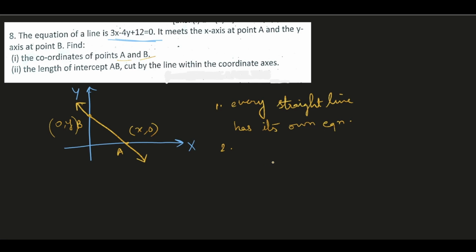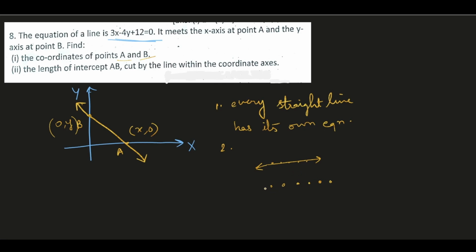Number 2, can I say that after joining all so many points I get a line? Yes or no? Just think once. I have many points with me, and all those points are collinear, meaning they are falling on the same line.